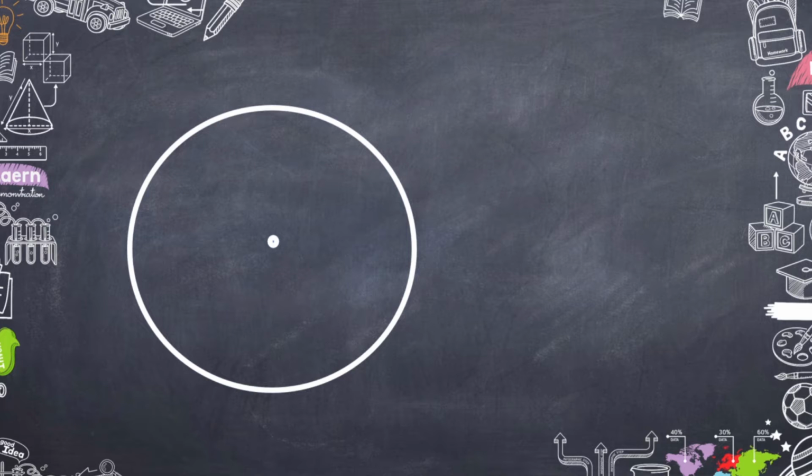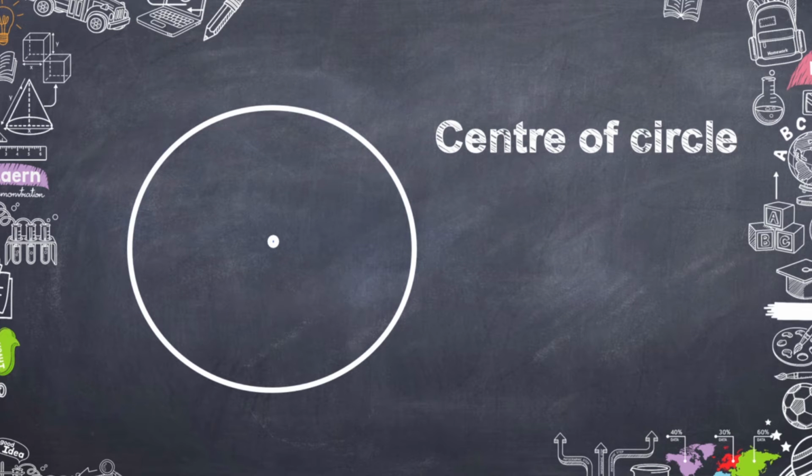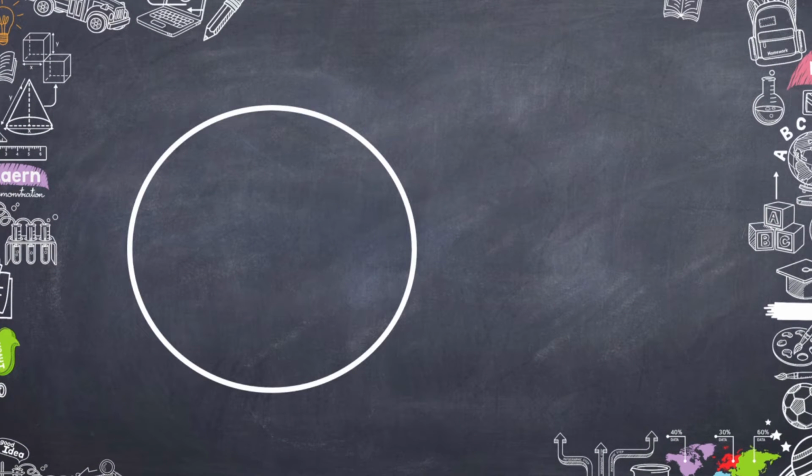We call that the center of the circle. Right, next, there's a line that connects the center of the circle to the circumference. We call that the radius.